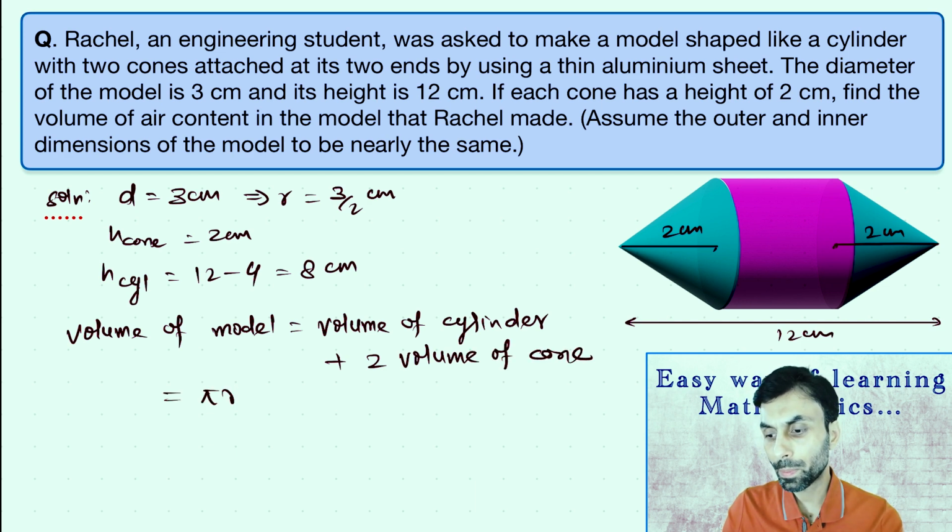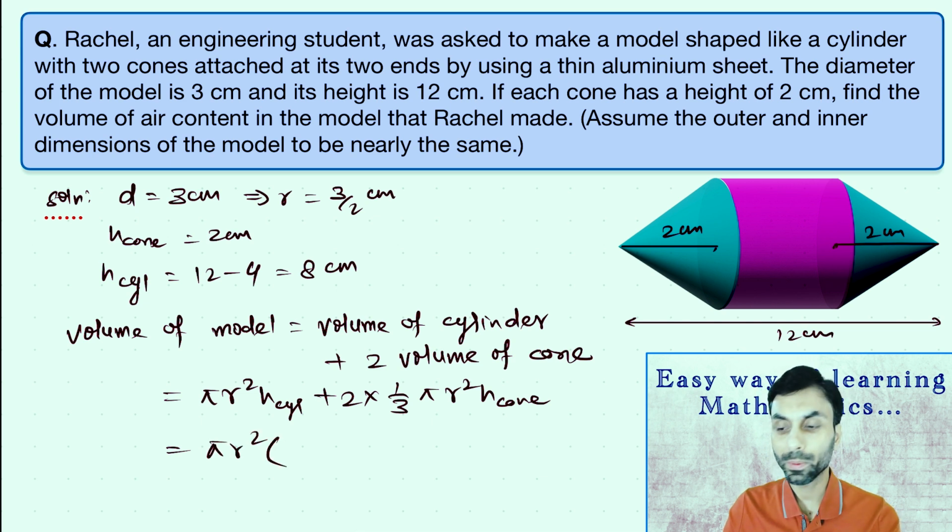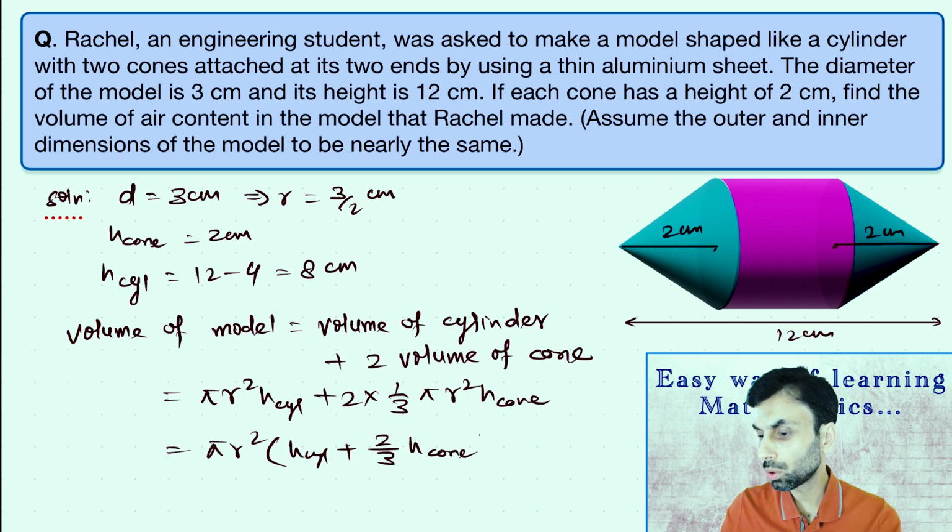Volume of cylinder is pi r square height of cylinder, plus 2 into volume of cone will be 1 upon 3 pi r square into height of cone. Now from here we can take pi r square common. We'll get height of cylinder plus 2 upon 3 height of cone.